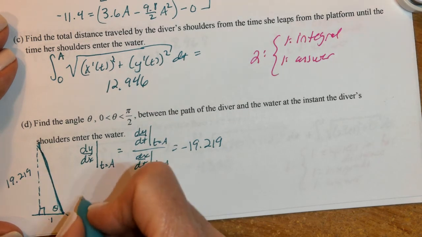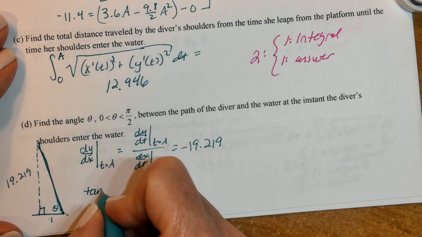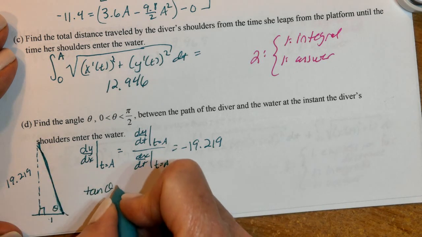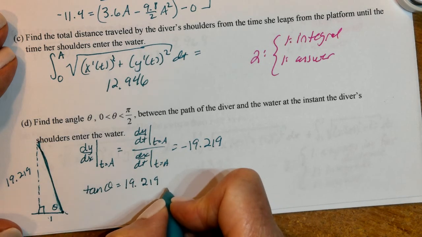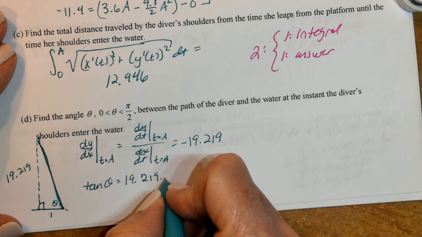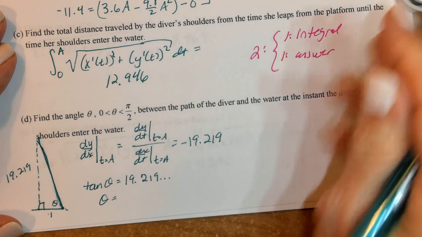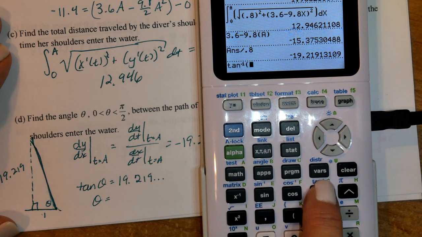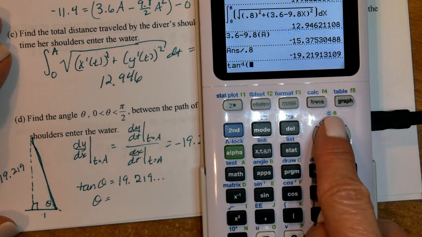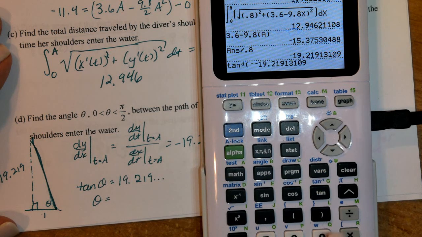Okay? So when we're finding this angle, we set up a little SOHCAHTOA, tangent theta as opposite over adjacent. Now in my calculator I'm going to be using that whole value, but theta will just be the inverse tan of that. So inverse tan of, well, I'm going to say the negative of that.